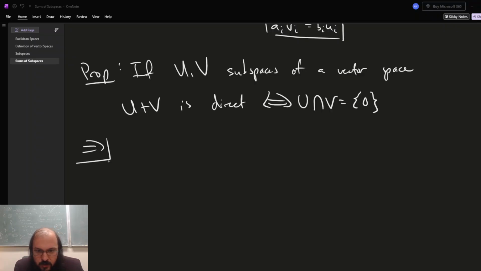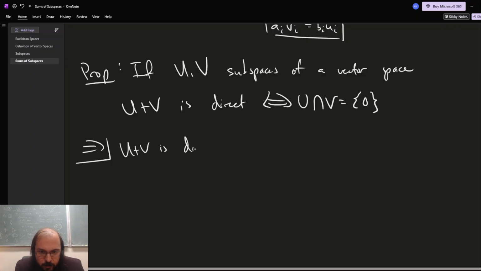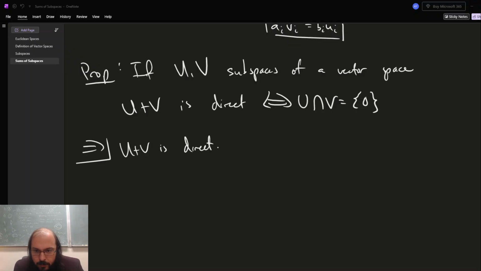again, we have two directions. First, we assume that U plus V is direct. Well, let's say we take some vector v in U intersect V. Well, of course, 0 is always in this intersection, just because 0 lives in every vector subspace. And also 0 is always equal to v plus minus v.